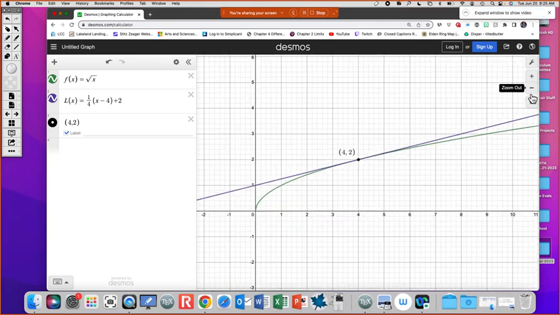So what about this idea? What if instead of starting with the tangent line, what if I start with something else? What if I pick another point on that curve?